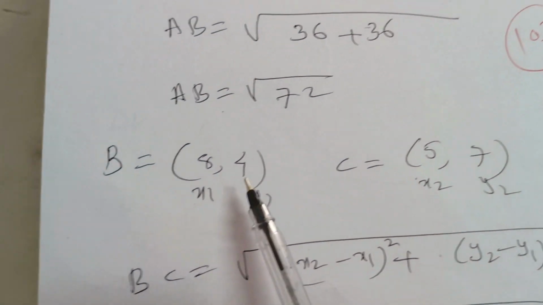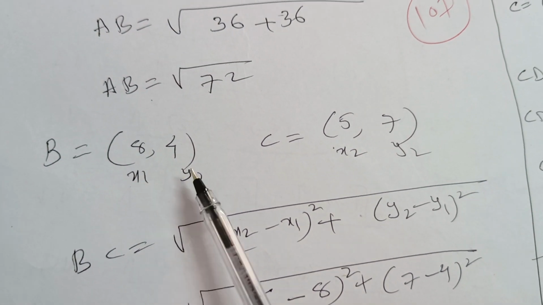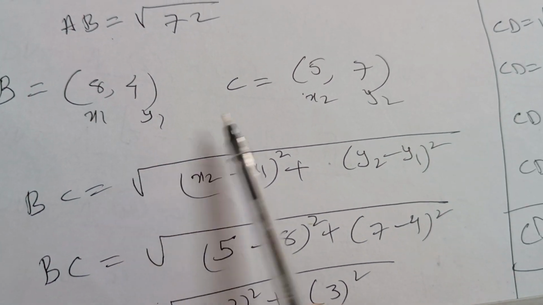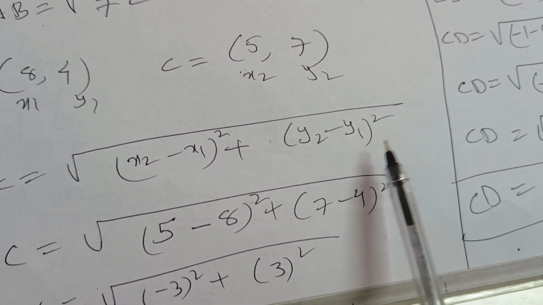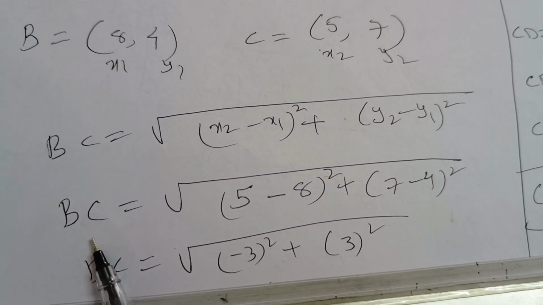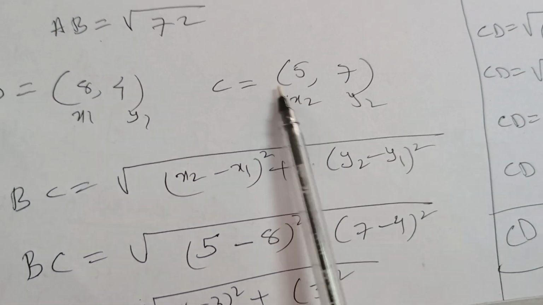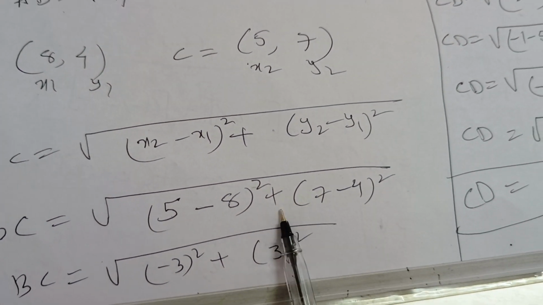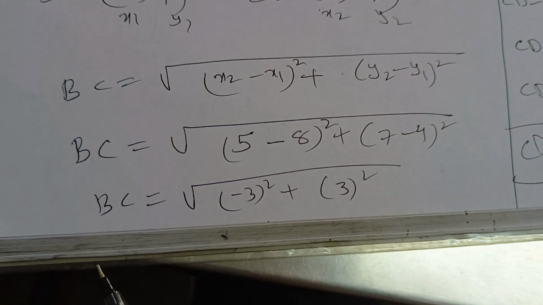Now we will find the distance between BC. The point B is 8 comma 4, the point C is 5 comma 7. BC is equal to square root of x2 minus x1 whole square plus y2 minus y1 whole square. BC is equal to square root of 5 minus 8 whole square plus 7 minus 4 whole square.